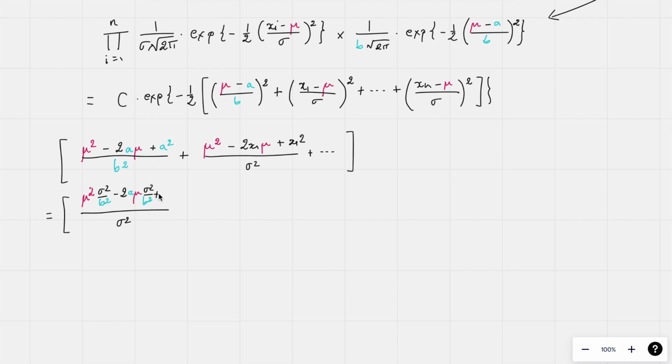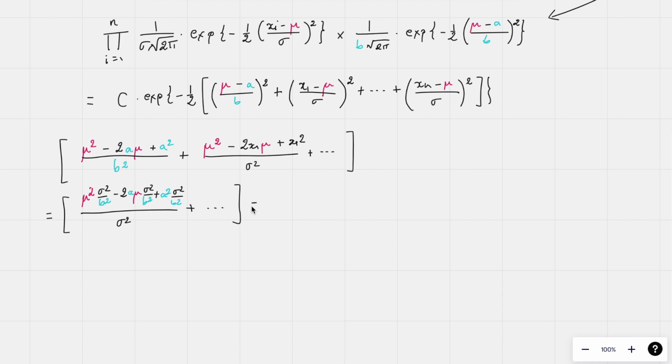And the last term is, once again, a squared times sigma squared divided by b squared. And so now I have everything over the same denominator here. And here I don't need to do anything. So I'm just going to let you replace the dot dot dot by the terms that are here. And I am now able to gather the terms in mu squared.